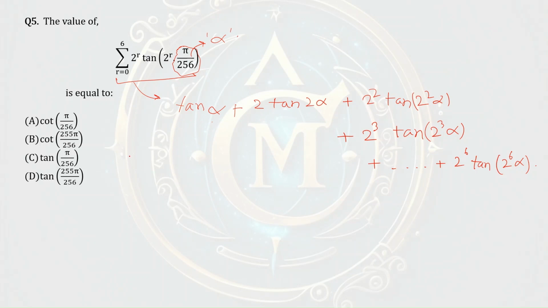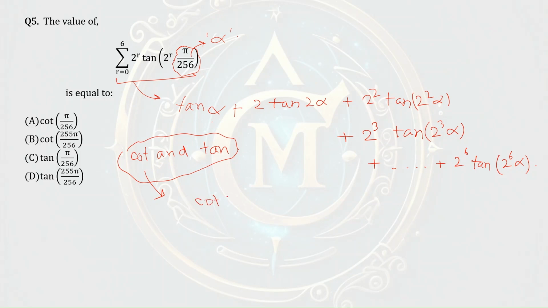Now I want to point out an interesting and important property of the cotangent and tangent functions. There is a cool property that you can remember, and it is quite important from the point of view of JEE.